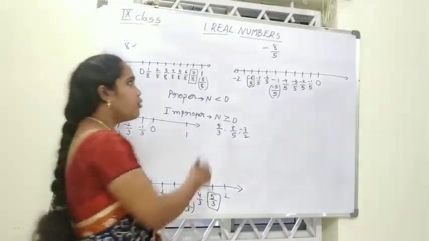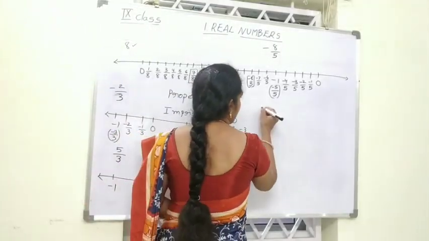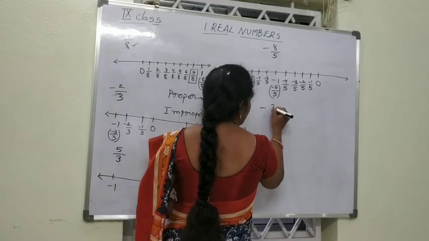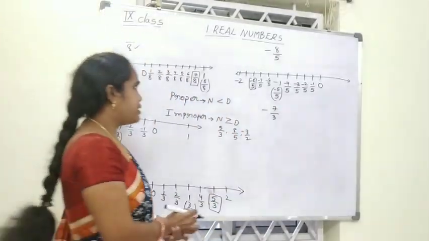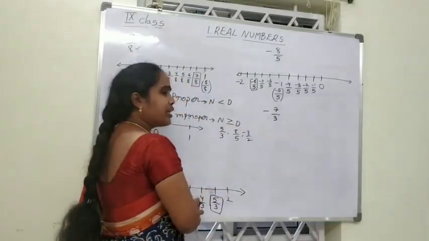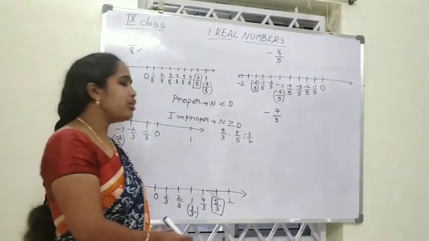Did you understand? One more negative rational number we see now. One more negative, minus 7 by 3. Okay, see this. Now, this is also a negative rational number. So, 0 right side or 0 left side? We have to take 0 left side.